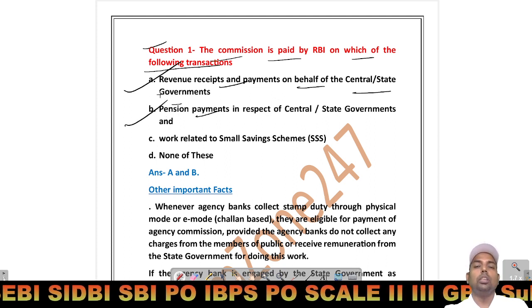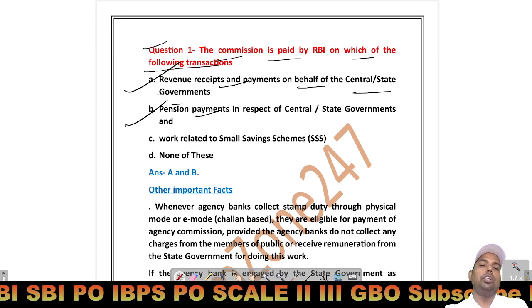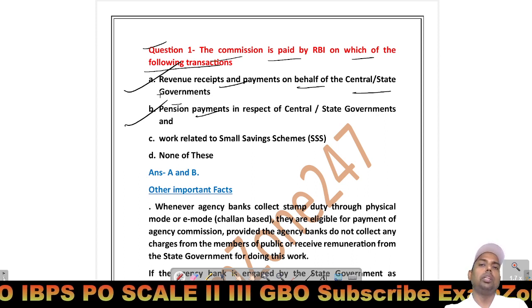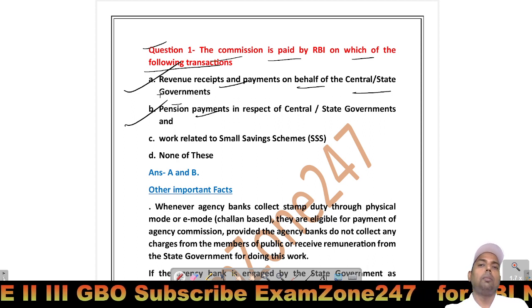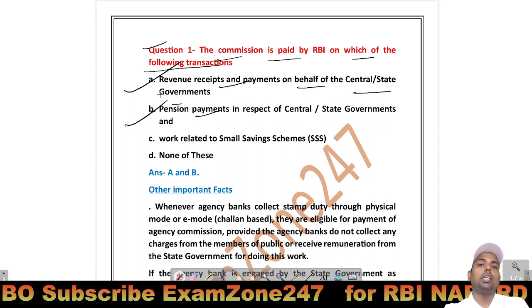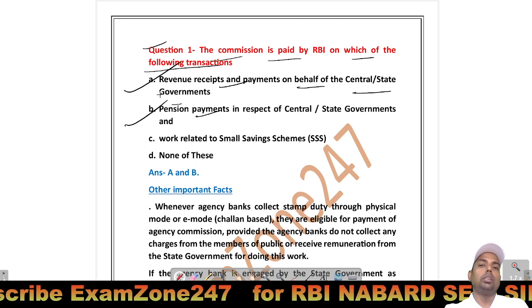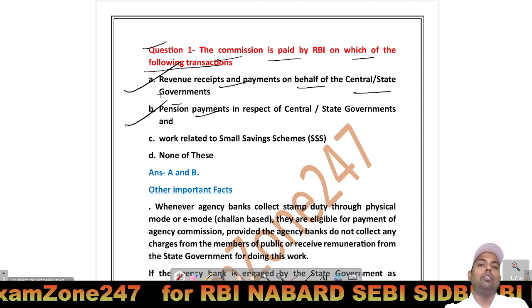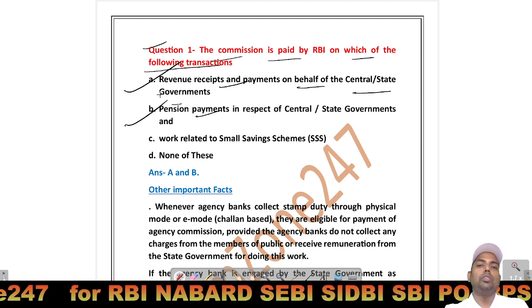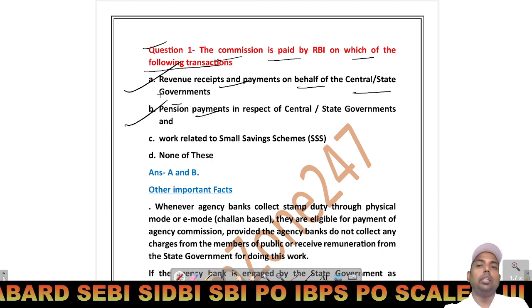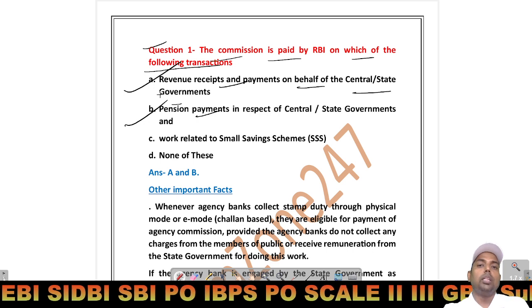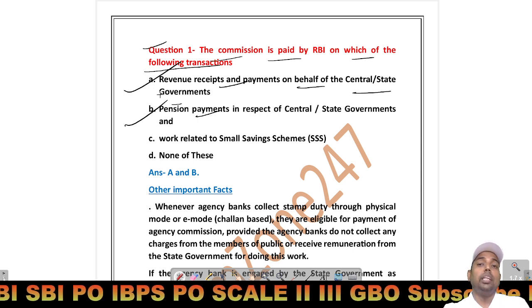There was a question in Central Bank of India, where scale 3 and 4 exams were held, and the same has also been asked in BOM scale 2 3 exams. The recovery of pension is 1/3. If a mistake was committed not at the end of the bank, only 1/3 can be recovered.